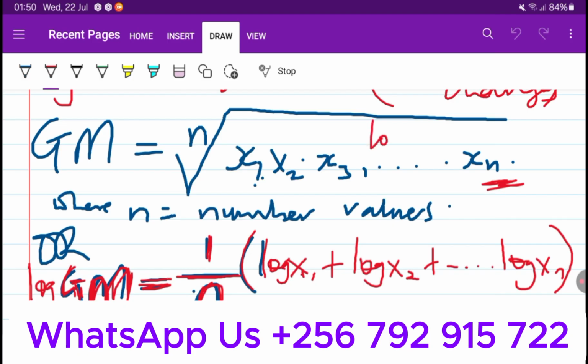We can write it like this: the geometric mean can be the antilog, in brackets the summation of log x for all the individual values over n. Let me write it here, because if you don't write it that way, it can disturb you.